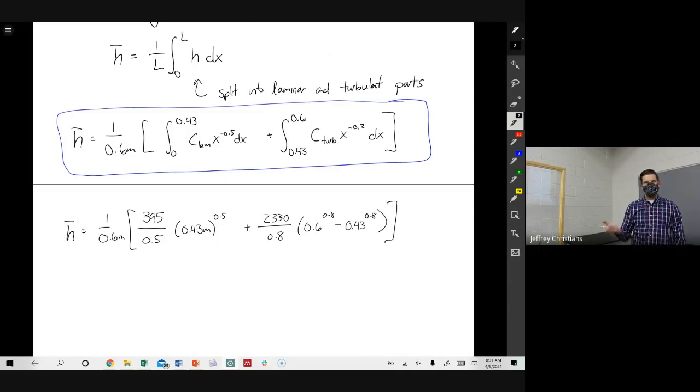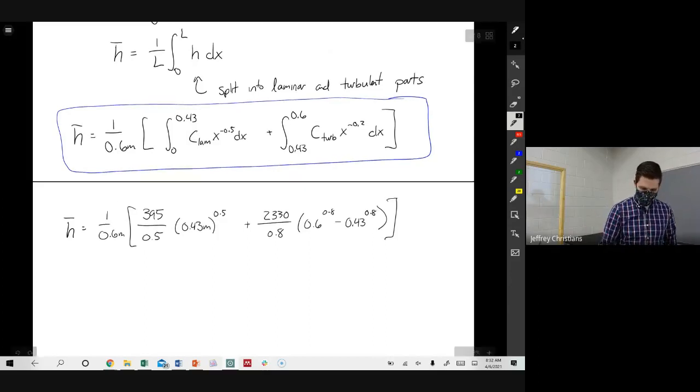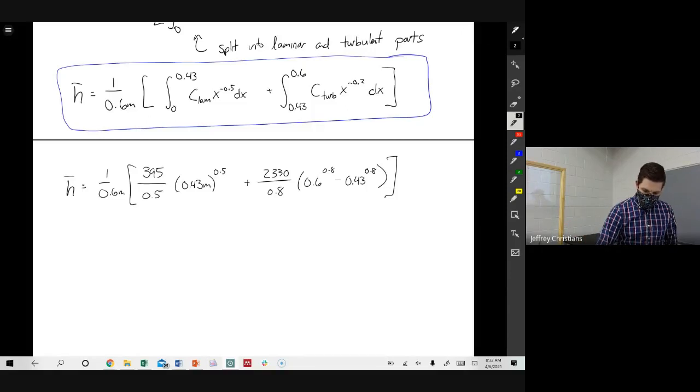These ones are always a little bit tricky because you don't typically integrate x to the negative 0.2. But the 0.8 comes down in front, so you'll have to play a little bit to make sure you remember how to do that. Then we're simply plugging in these. We can find H bar would be 1620 watts per meter squared Kelvin.